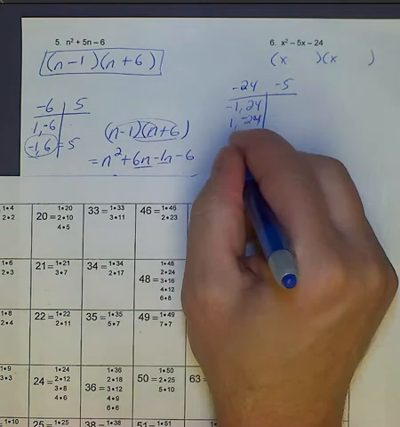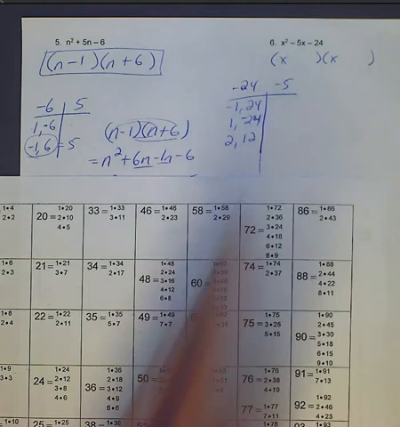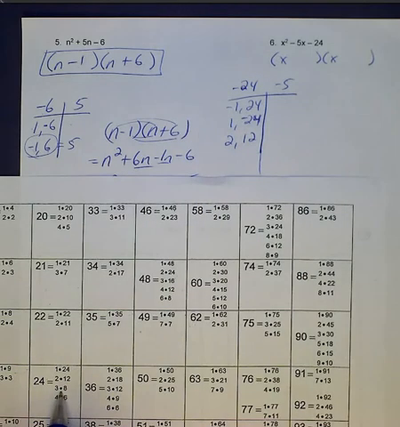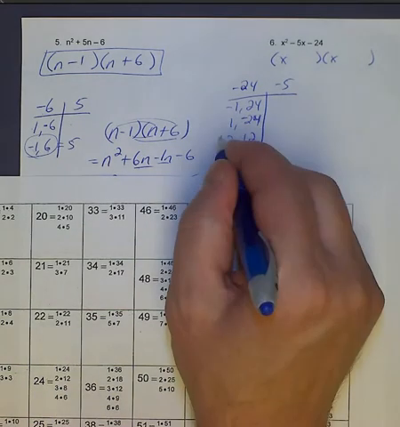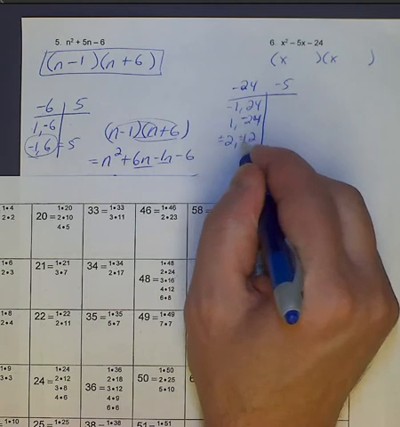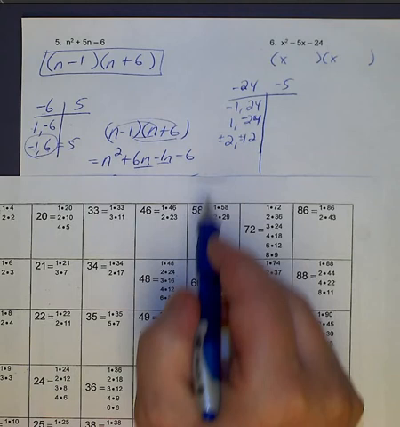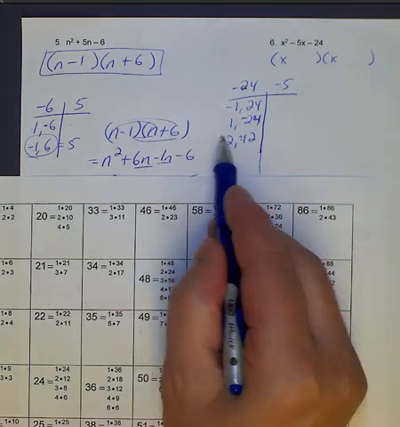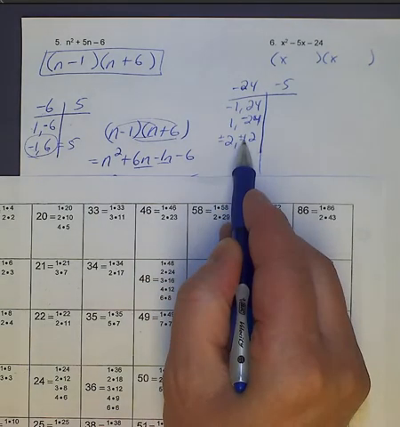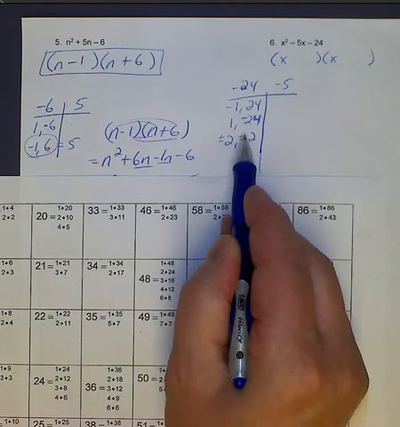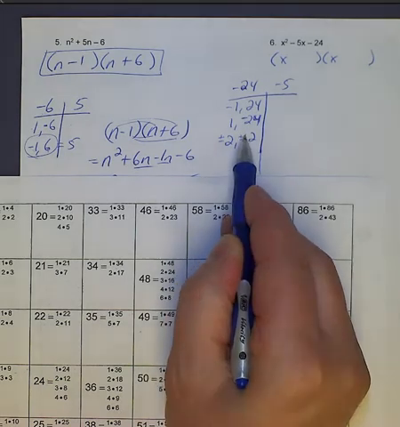Alright, what about 2 and 12? Because I see down here 2 and 12 are factors. Well, one's going to be positive, one's going to be negative. I'm just going to put a plus or minus, meaning one is. But either way I combine them. If it was positive 2 and negative 12, I don't get negative 5. If it's negative 2 and positive 12, I do not get negative 5. So that doesn't work.